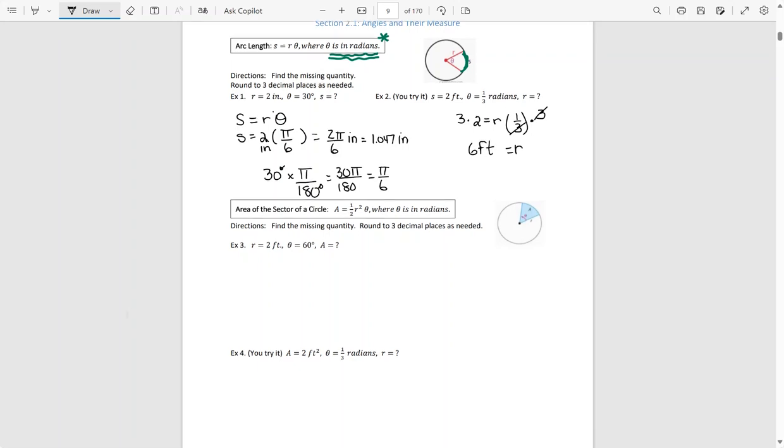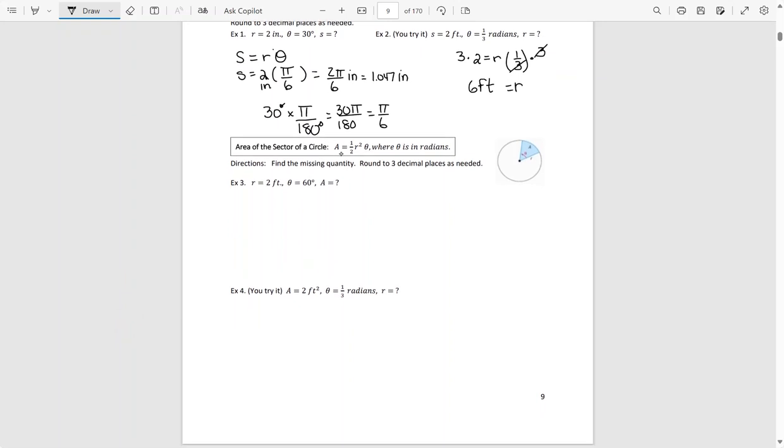All right. The other formula is the area of a sector. So that's area, and that's going to be in square something, square feet, square inches, square meters. Again, area equals 1/2 R squared theta. Theta is in radians. All right, so 60 degrees.